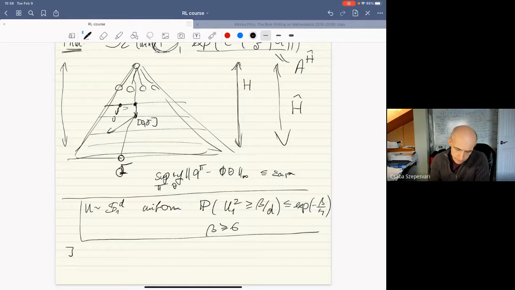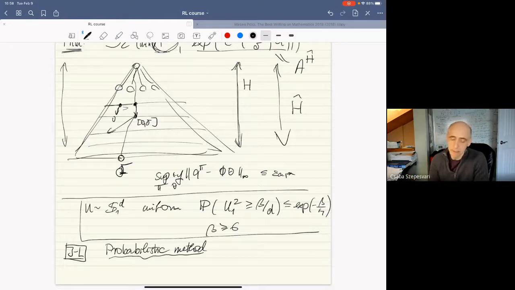And then the proof of the Johnson-Lindenstrauss lemma uses the probabilistic method. It's a very, very nice argument. If you want to prove that something exists, you can take a distribution of things. Like here, you want to prove that there are k vectors such and such.